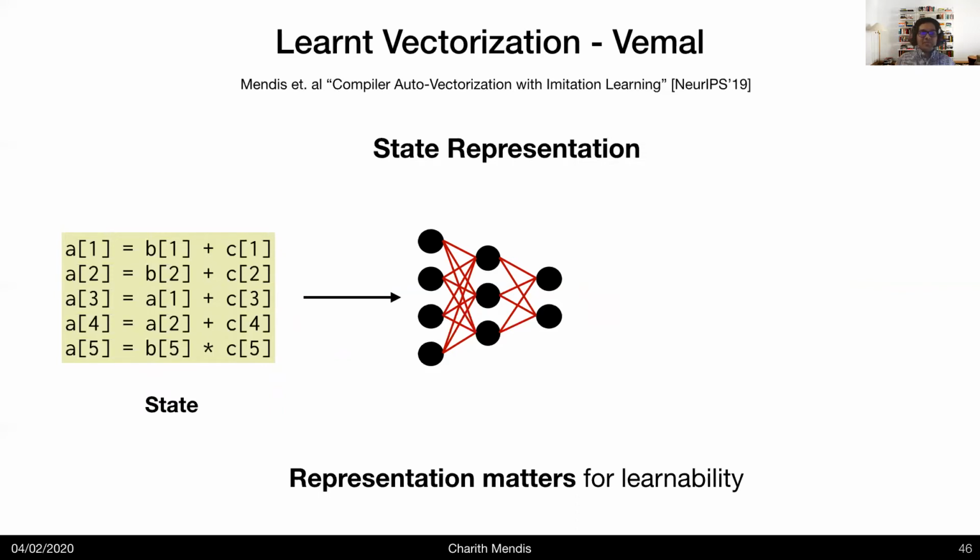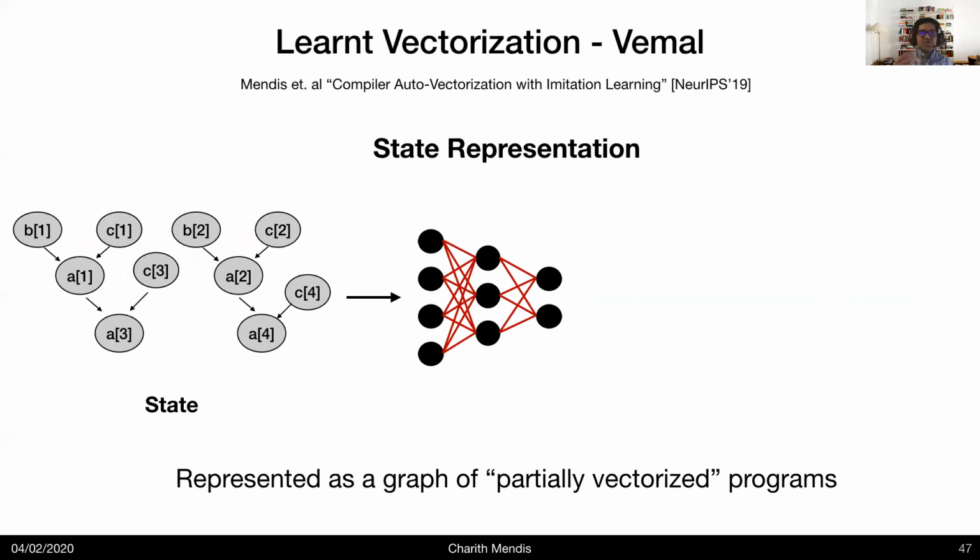And another goal that we have in designing these systems is to make it as easy for the compiler developers as possible. So we selected a naturally occurring representation of the program as our state representation. More specifically, it is the program dependence graph.